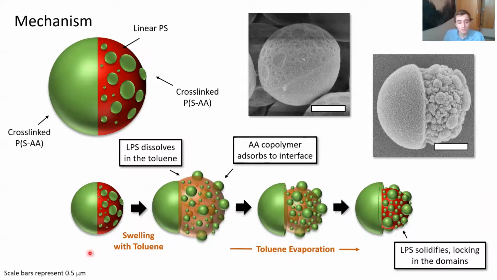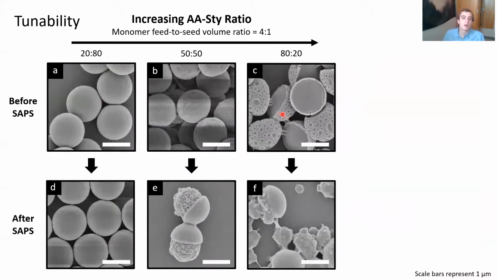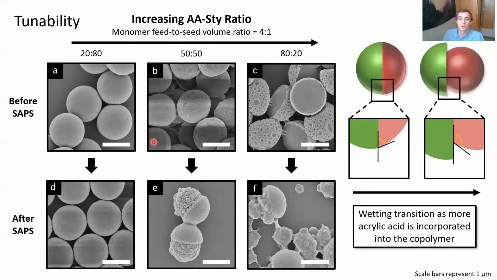And so we can vary the input particle by adjusting a couple of different ratios, and we can see how it impacts the final morphology. Here's what happens if we change our monomer feed composition, so essentially adding more or less acrylic acid. When we're at a low acrylic acid concentration, the two polymers are very similar in the system. So what we think is happening is there's a very small difference in contact angle at this swelling phase, and so we end up with spheres.